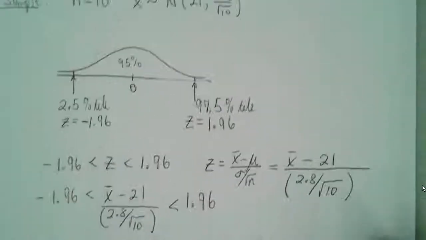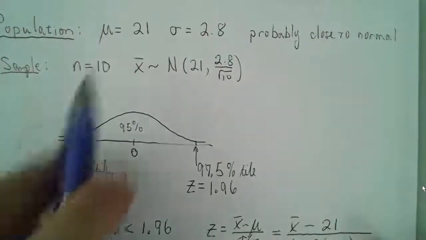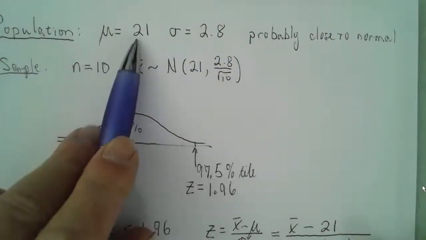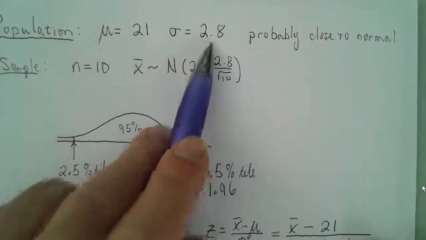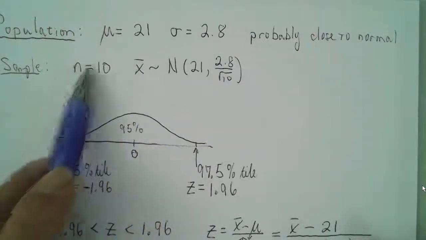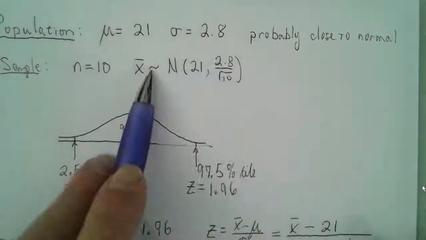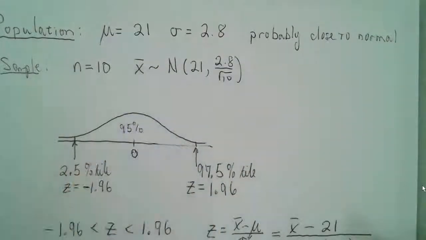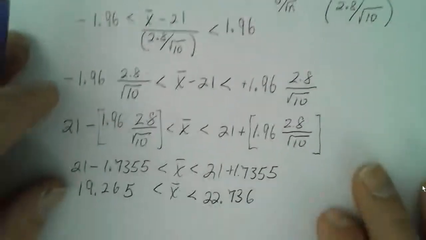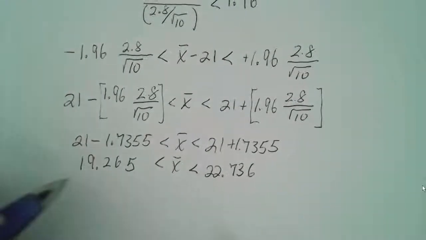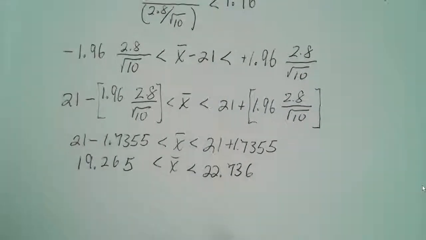We think that if we're sampling from a population with average weight 21, standard deviation of 2.8, we're taking samples of size 10. We have reason to believe that actually both of these are pretty much normally distributed. Then the middle 95% of our average weights are going to land within this range.